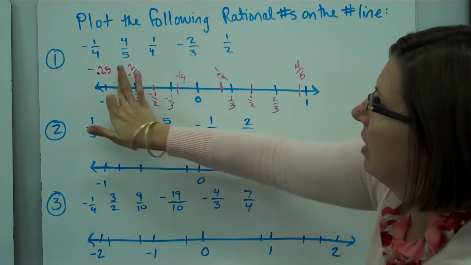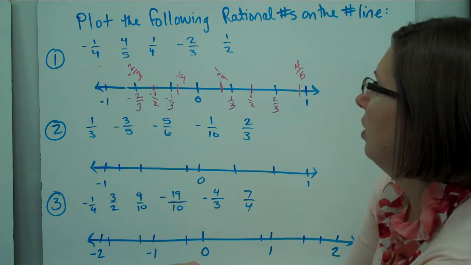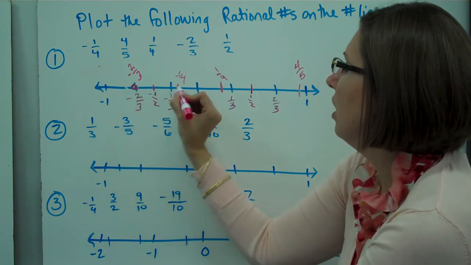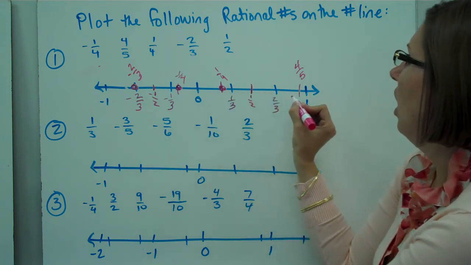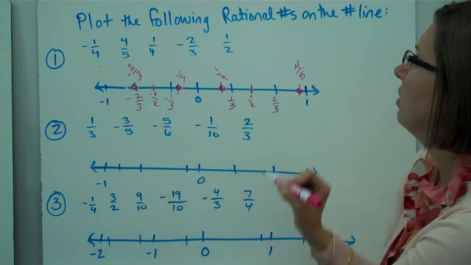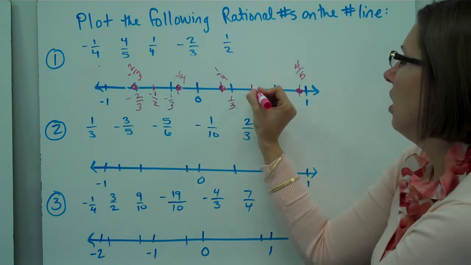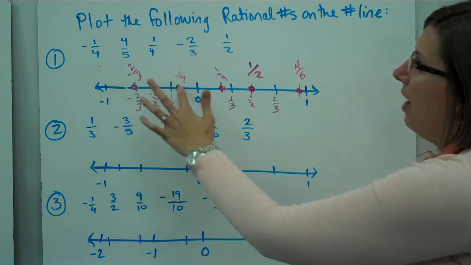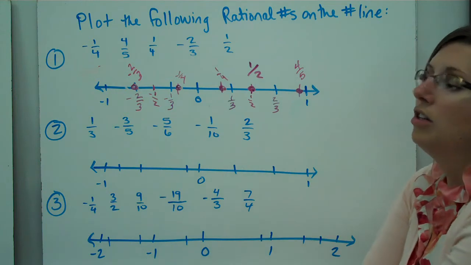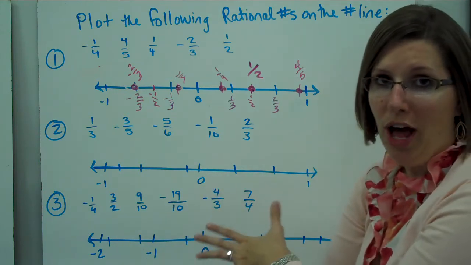I'm going to erase this. I don't want you to get confused that that's plotting. So I've got a point here, a point here, a point here, and a point here so far. The last one is positive 1/2. So I've got all 5 of my points drawn on my number line.